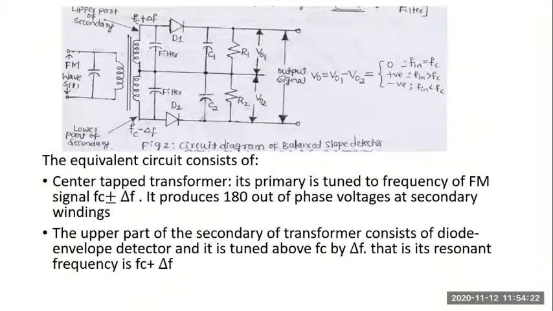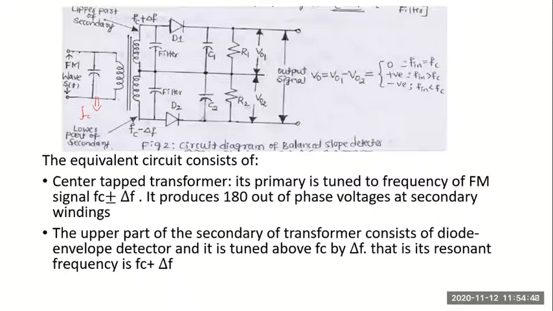So on the input side, at the primary of the transformer, I have a parallel tuned LC circuit. This is tuned to the frequency of the carrier. Usually this primary of the transformer will be tuned to the carrier frequency.